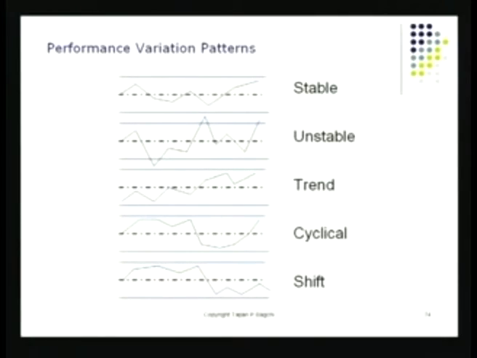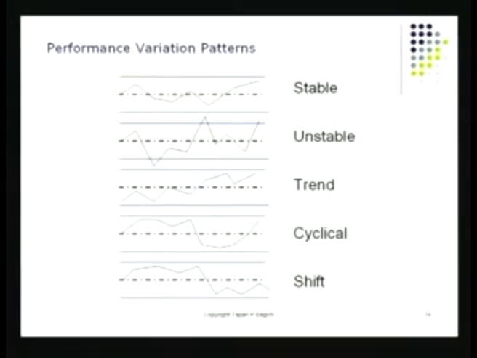There are a number of unusual statistical patterns that are also visible on control charts, which are under the influence of assignable causes or these exceptional causes. What are examples of those patterns? Unstable process. An unstable process will look like this. A process with trend will look like this.